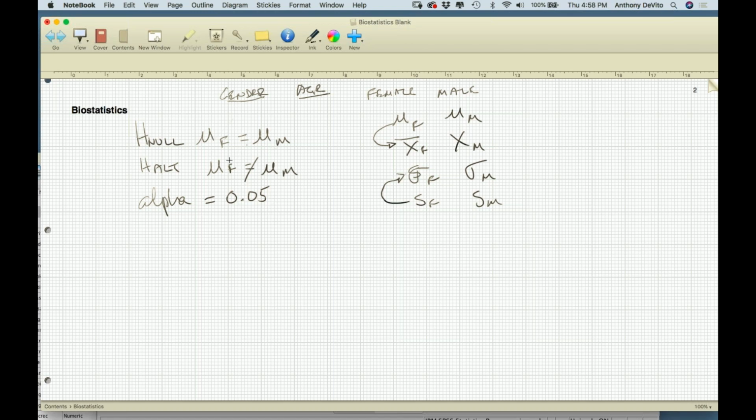He would say that there's less than 5% chance that you would get that big a difference between the X bar for females and X bar for males if the null hypothesis were true, that the means are the same, right? Kind of like saying the same thing, except if you're talking to a biostatistician, he'll have tremors, he'll get worried, he'll break out in sweat if you say it the other way.